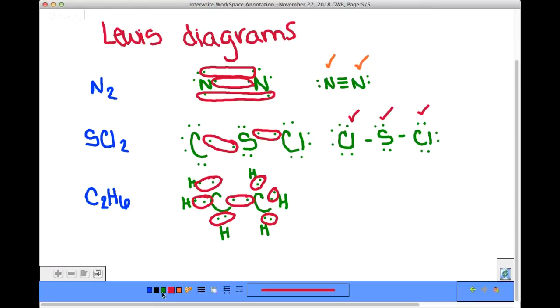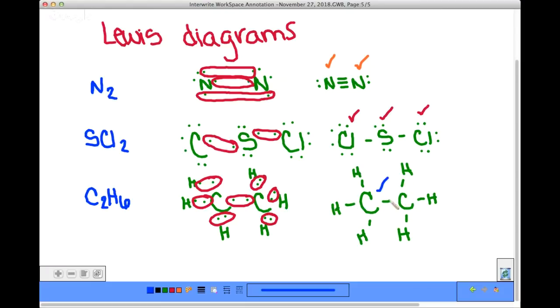So let's go ahead and redraw this and make sure that they're all seeing an octet. What your structure is going to end up looking like is something like this. If we look at each atom, we see that carbon sees 2, 4, 6, 8 valence electrons, so that's good.